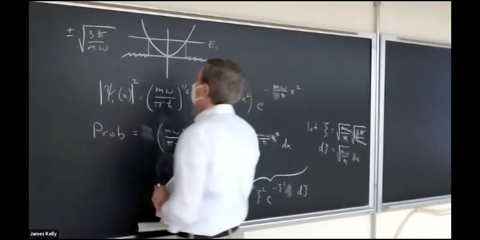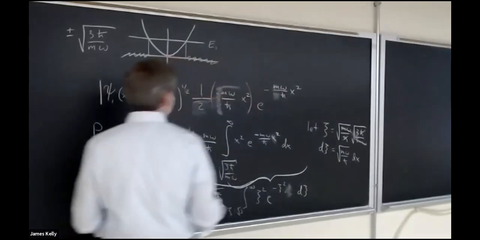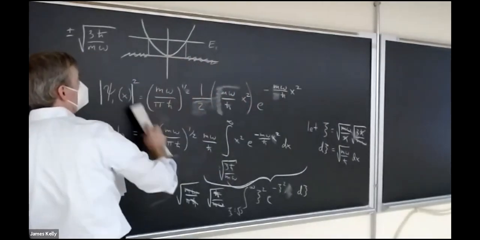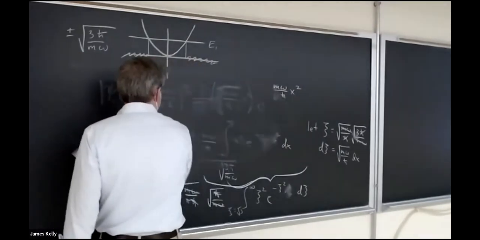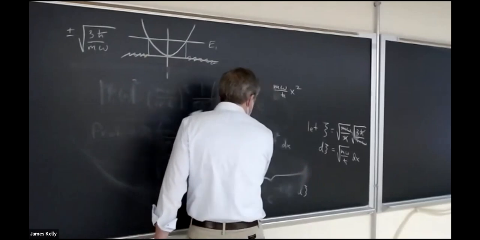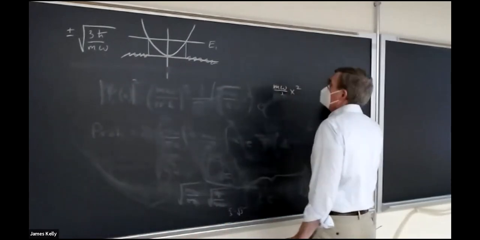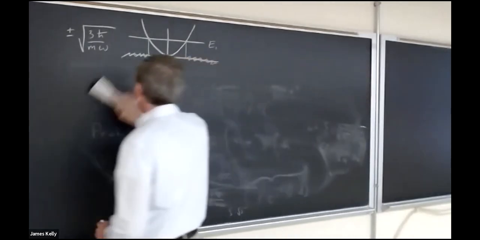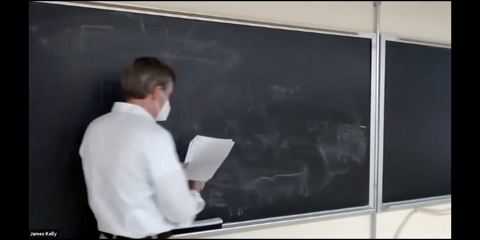Right, so we probably want to use the fact that these psi n's, with these annoying constants out in front of them, are already normalized and they're orthogonal to each other. That means the inner product of psi n with psi n plus 1 is 0. Let's see how that comes in here.